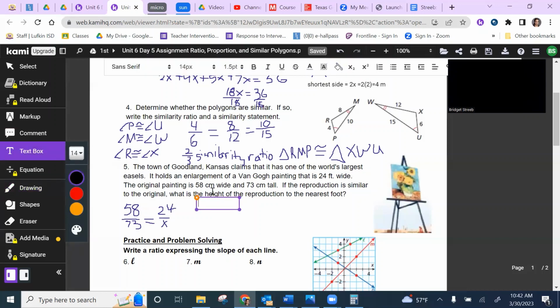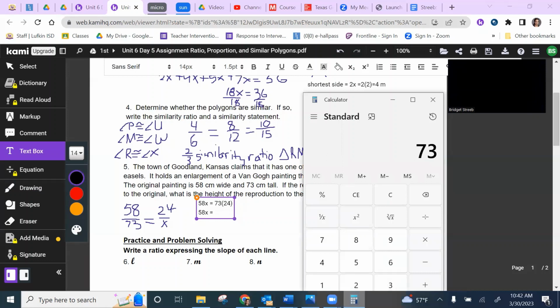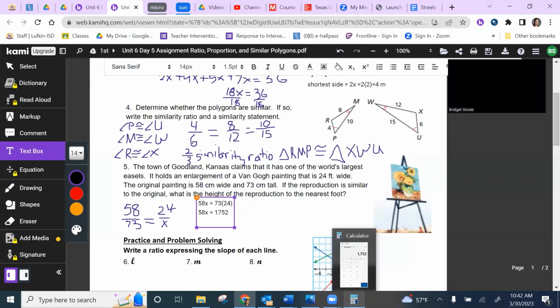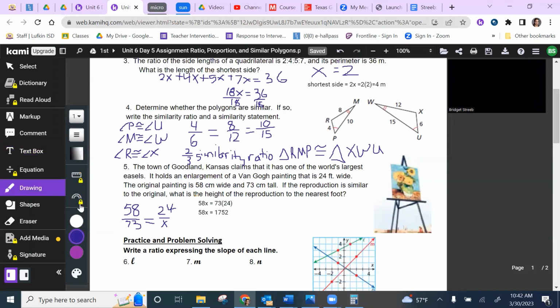So we have 58x equaling 73 times 24. And 73 times 24 is 1,752. And then we are going to divide by 58.